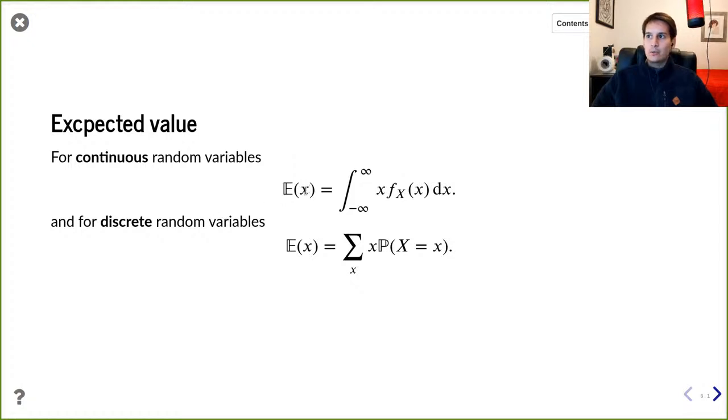Actually, this x could be a function, for example g of x, and you're calculating the expected value of a function of a random variable. All you need to do is replace this x with g of x in both places, here and here. Then you can calculate the mean of whatever function you want.